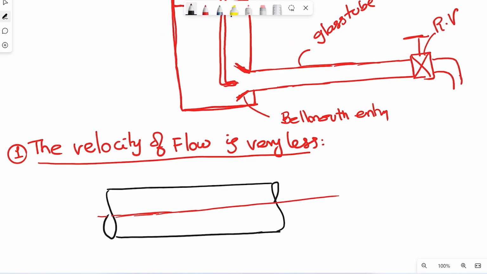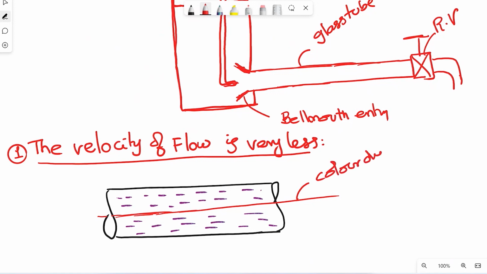Whereas the other part, this is all the water, right? This is how it is. Whereas the color dye is seen, this is the color dye. We can see clearly a straight line. What does that straight line indicate?